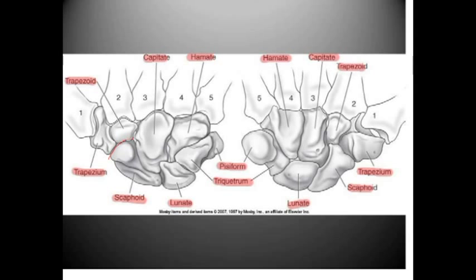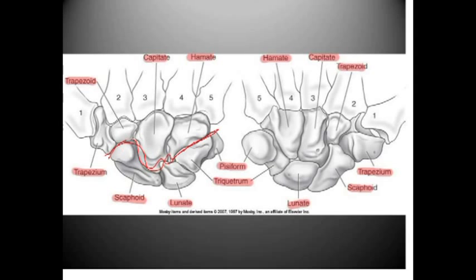We have a dividing line between the proximal and distal rows of the carpal bones.